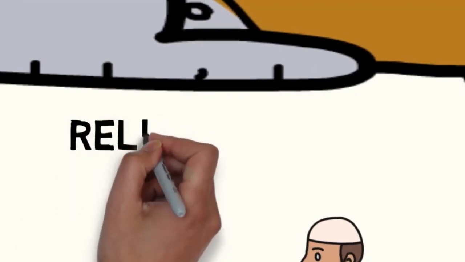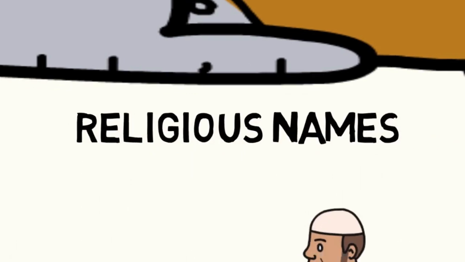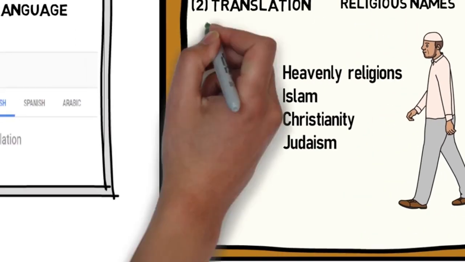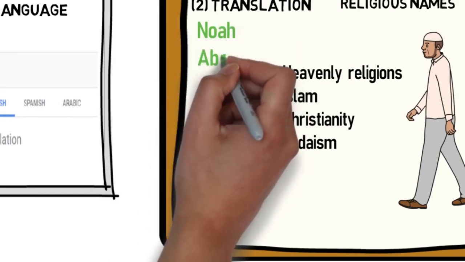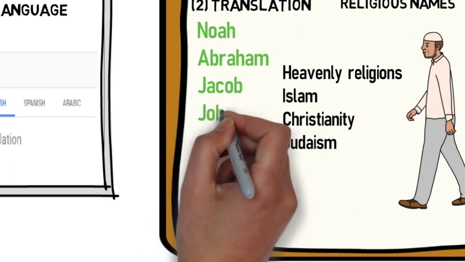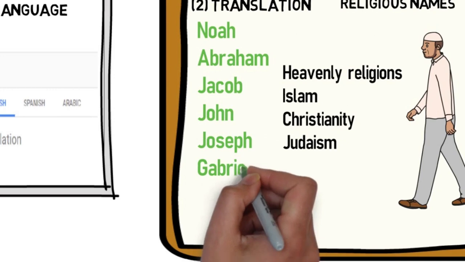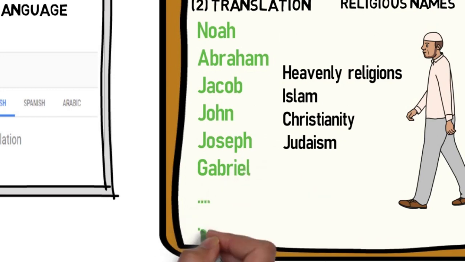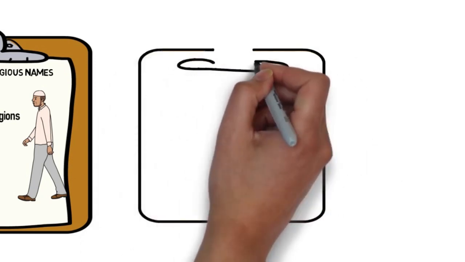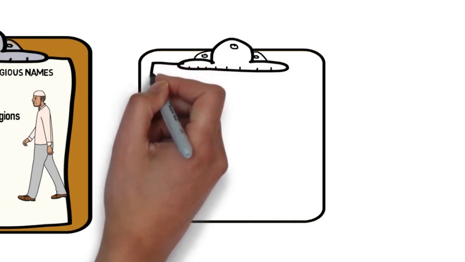These names are all related to religious names that are shared among heavenly religions, like names of prophets, messengers, angels, names like Nuh, Noah, Abraham, Ibrahim, Jacob, Yaqub, John, Yahya, Joseph, Yusuf, Gabriel, Jibril. You can add tens of names to the list, like Abel and Cain, Habil, Qabil, and many others.